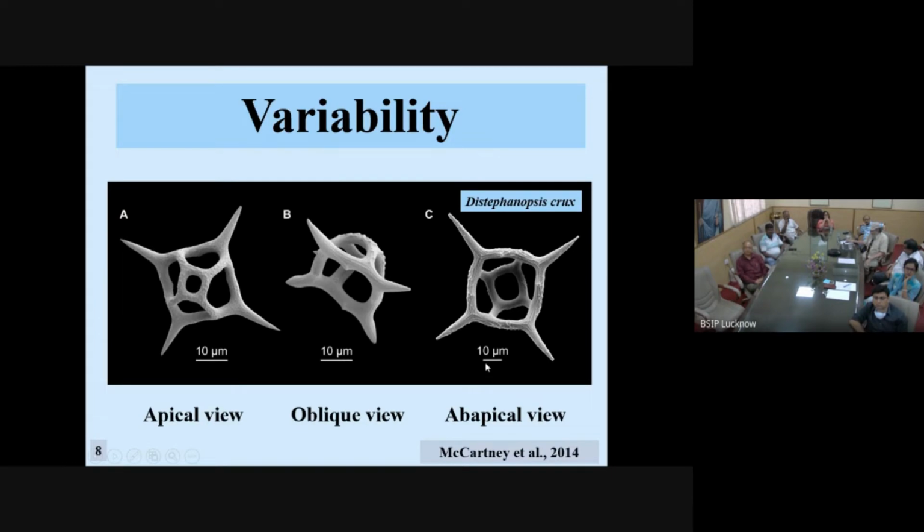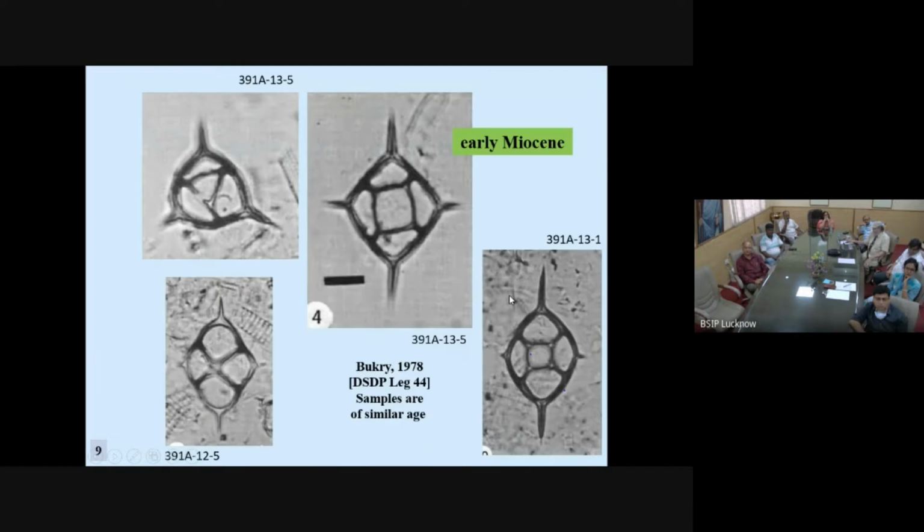Let's just take a little look at some of that in the context of Stephanopyxis crux. Back in the 1940s and 1950s, there were several scientists, Frenguelli and Deflandre, who were looking at silicoflagellates, and they emphasized the variability. Whole plates showed the variability within a particular taxon.